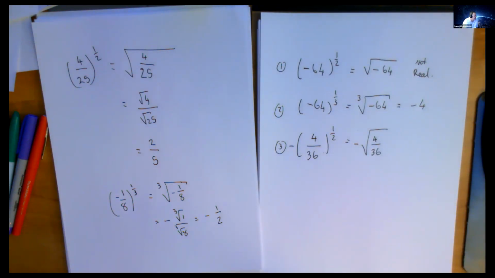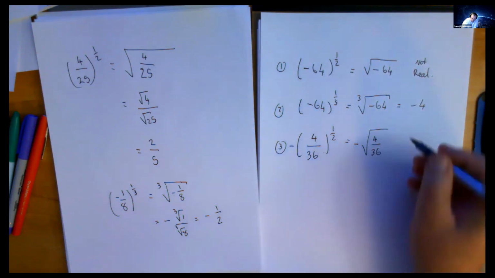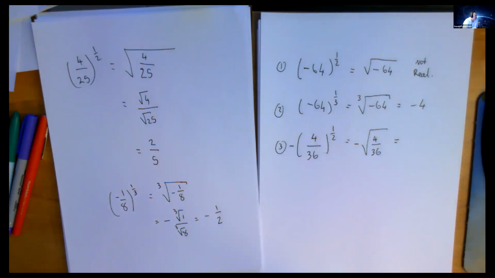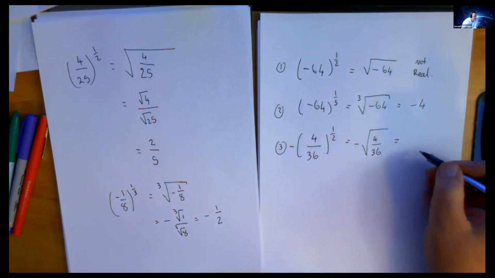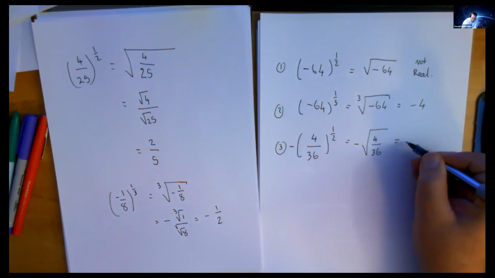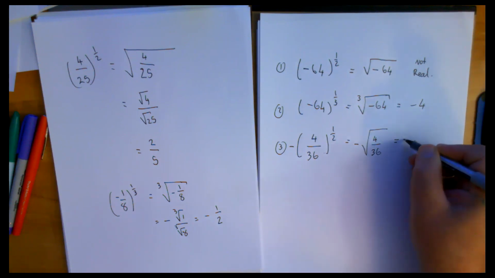This has got a negative and a square root and a 4 and a 36, right? You see all the pieces where they belong? What does this get you? -1/3.